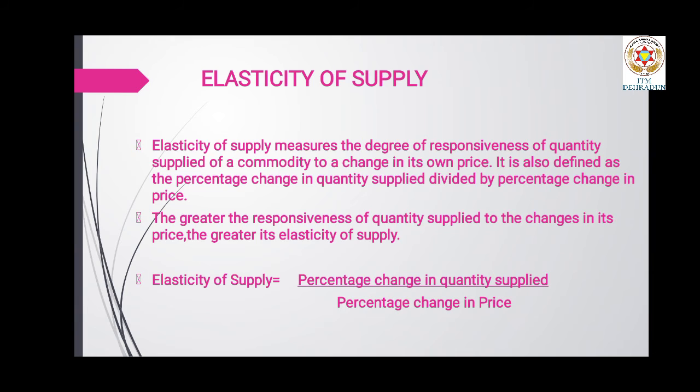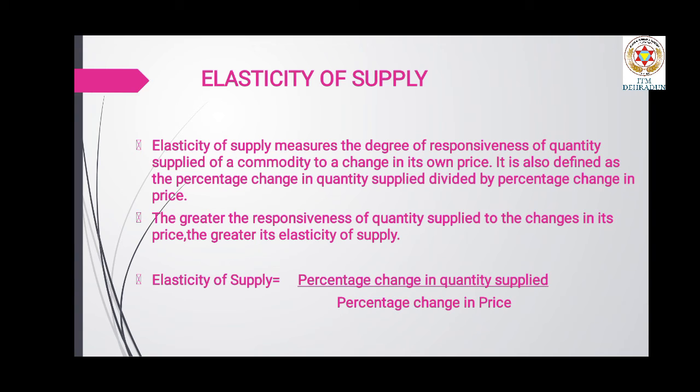Now we also need to understand the concept of elasticity of supply. The elasticity of supply measures the degree of responsiveness of quantity supplied of a commodity to a change in its own price. It is also defined as the percentage change in quantity supplied divided by the percentage change in price.